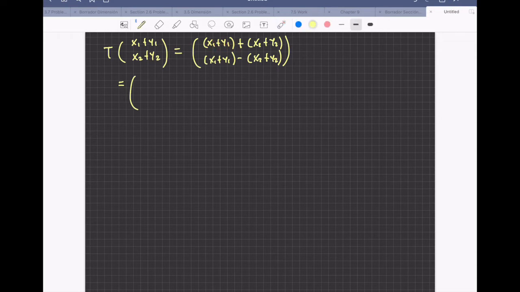So this is going to be x1 plus x2 plus y1 plus y2. Yeah, I am manipulating this part. And here in the bottom, I should have x1 minus x2 plus y1 minus y2.